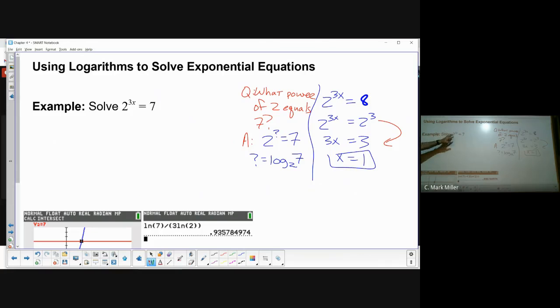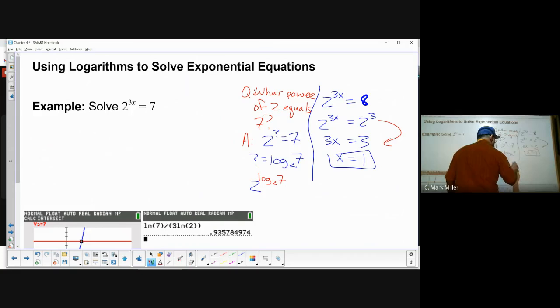This particular problem, we know that log base 2 of 7 is the power to which 2 must be raised to equal 7. In other words, 2 to the log base 2 of 7 equals 7.